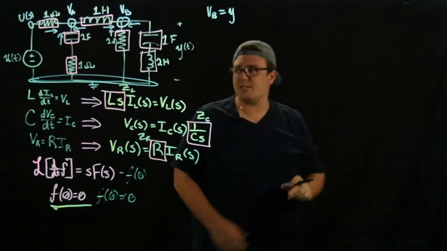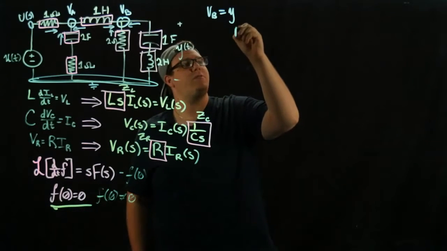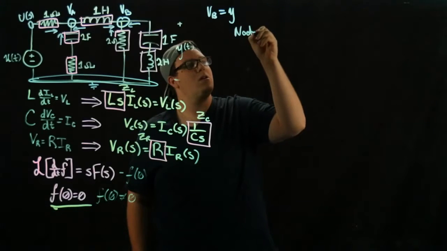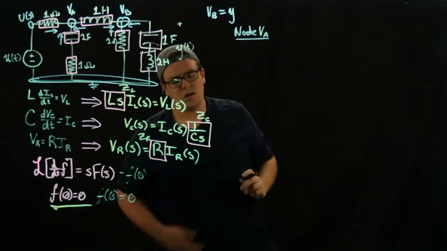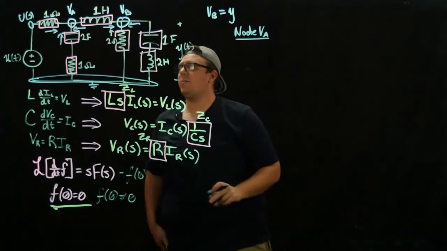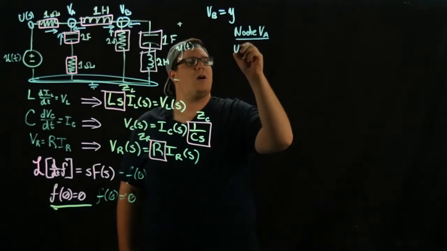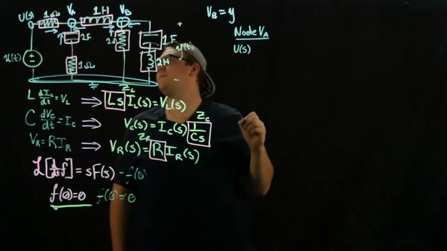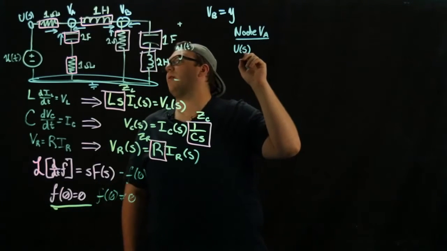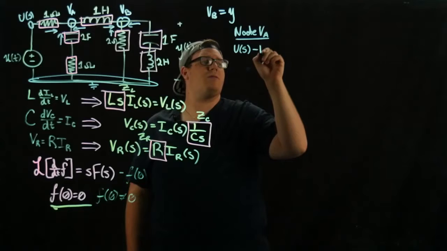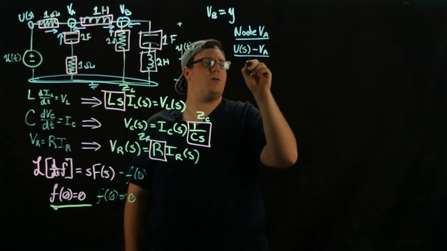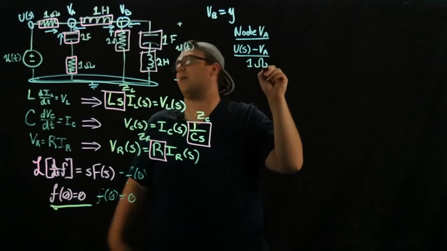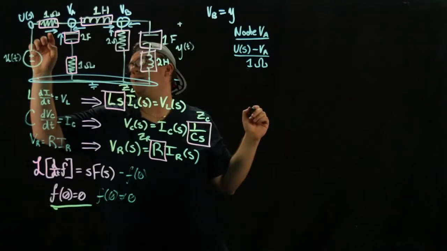So let's do the node voltage for node VA. For node VA, we have our input, U of S, and we're going to subtract off VA, and divide by 1 ohm, and that is for this current here.